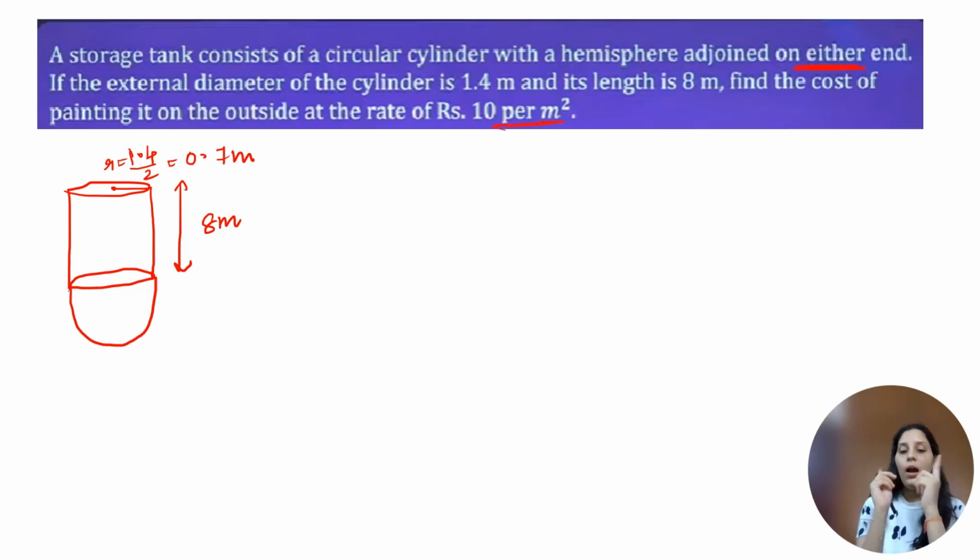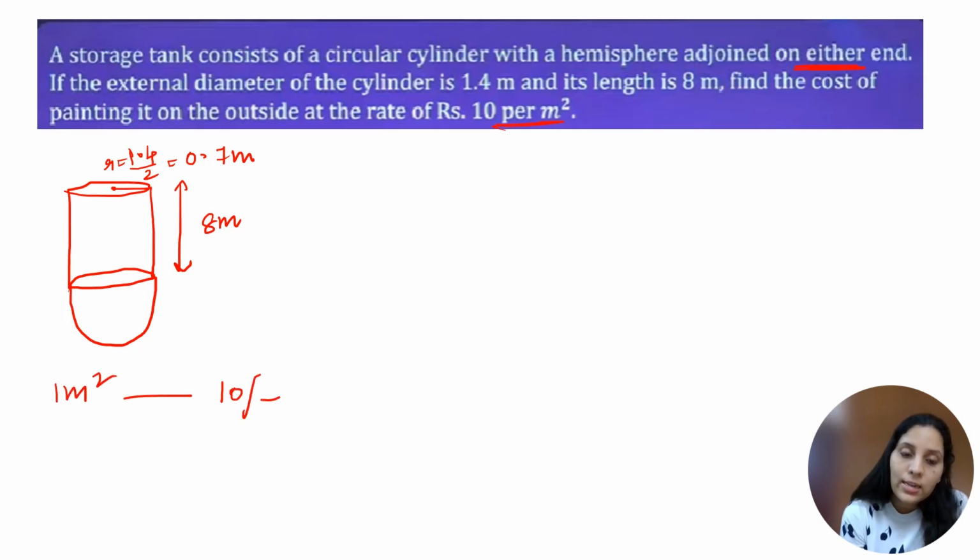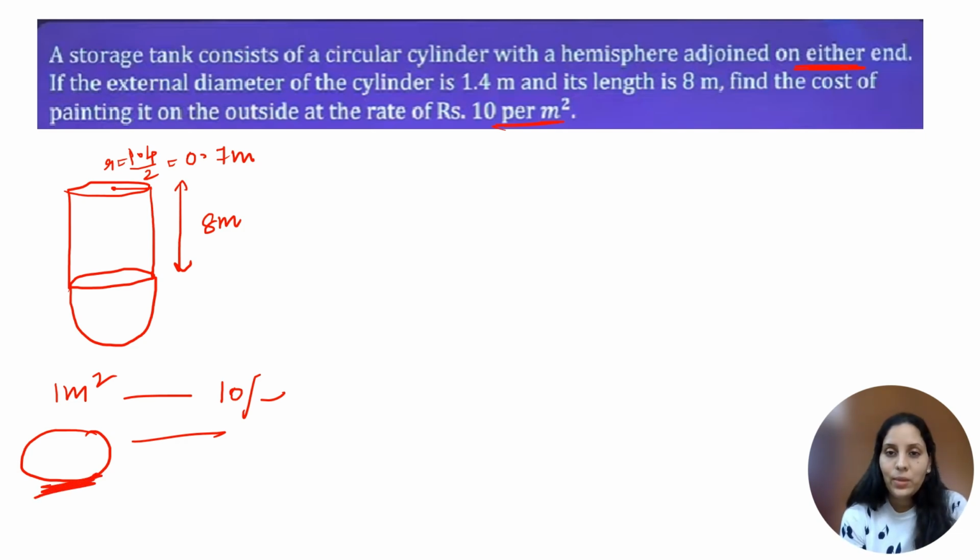You need to paint it outside. So firstly, you need to find the cost per meter square. That means 1 meter square cost is 10 rupees. So here you need to find for how many meters square, what is the cost. So this area you need to find. How do we find how much area needs to be painted?